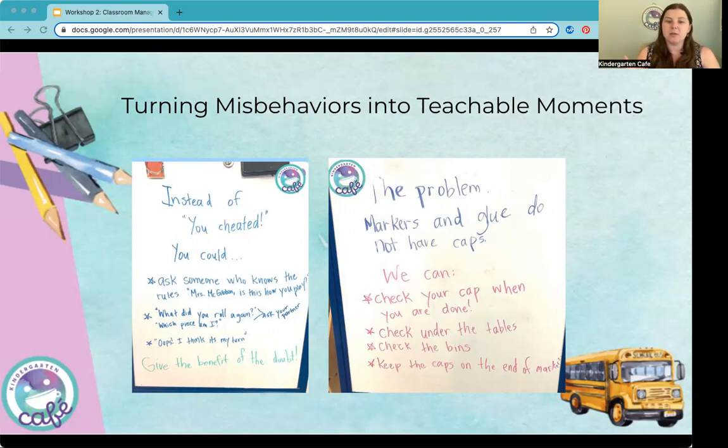But you might want to take an issue that happens with a couple of kids, and later, not right then and there, have that be a social emotional lesson on, I saw this happening with a couple of friends. Let's act this out with puppets. How could we solve it? What could we do better? How could we be better friends? Things like that. But here's your chance to really help the children reflect on behaviors.